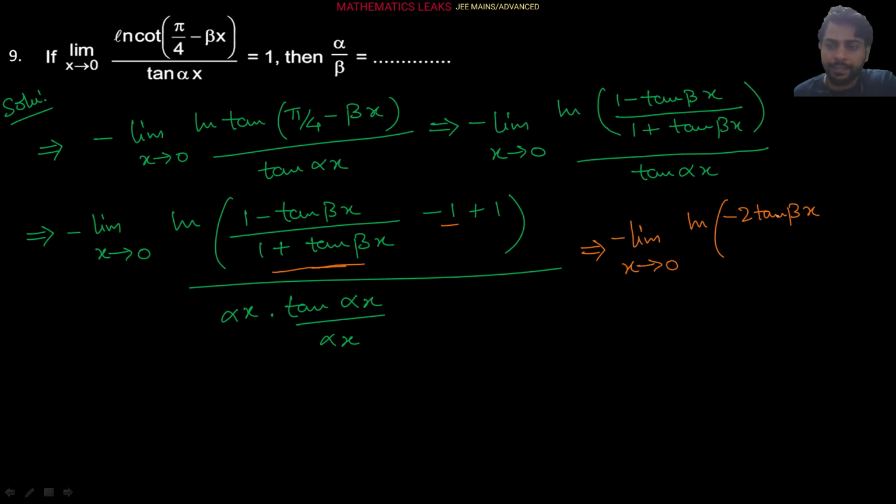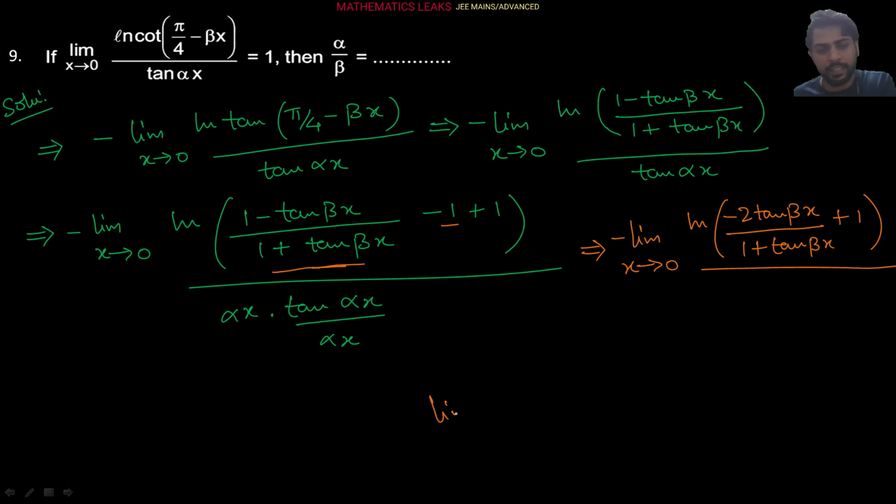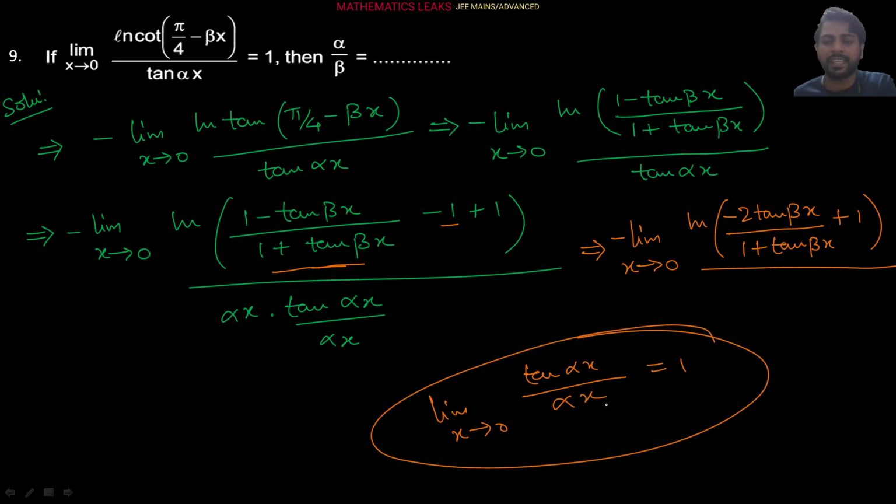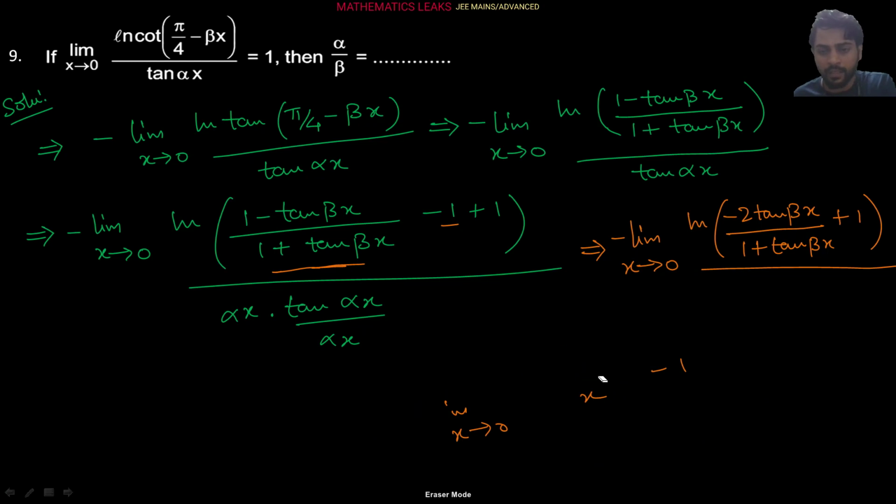And in the denominator 1 plus of tangent of beta x, plus of 1, that is it. And this denominator part, as I said, limit x tends to 0, tangent of alpha x upon alpha x, that is nothing but 1 only. So using the fundamental law of limit that is becoming 1 here. So no need of mentioning that, directly we can write alpha x here, right?